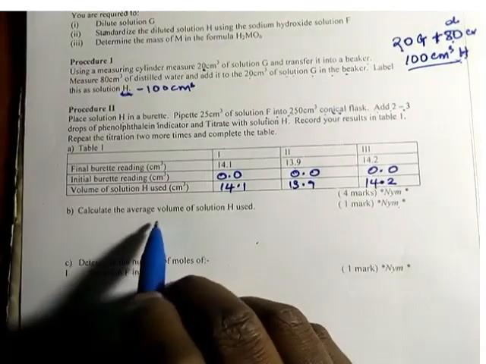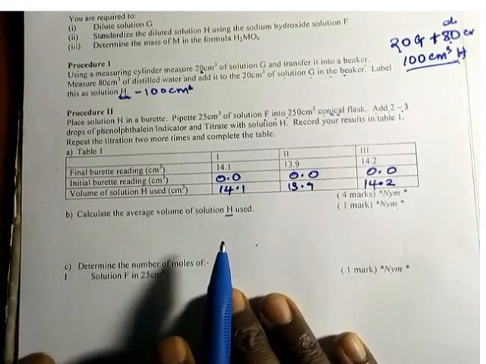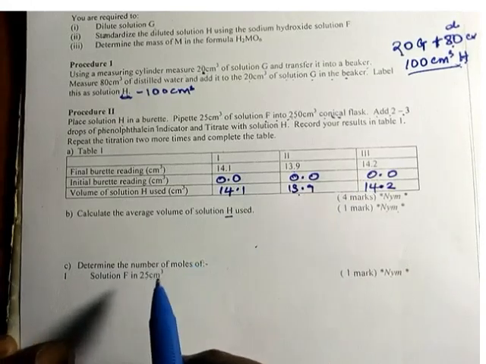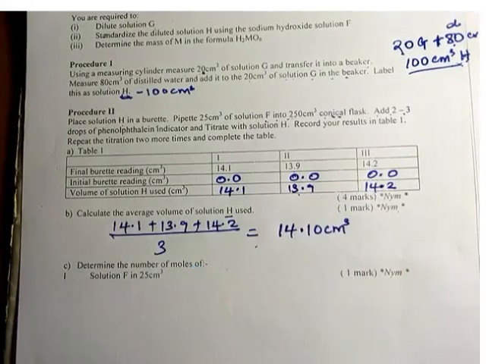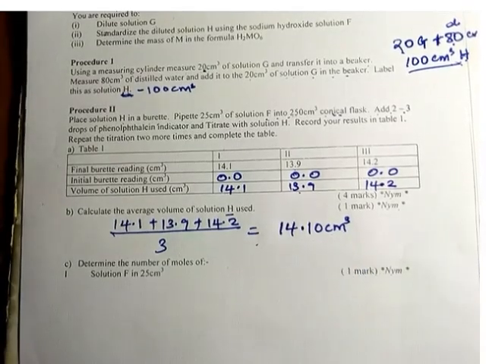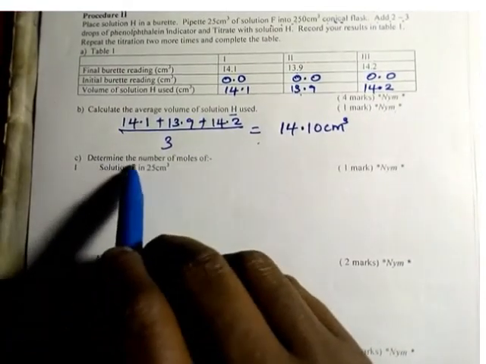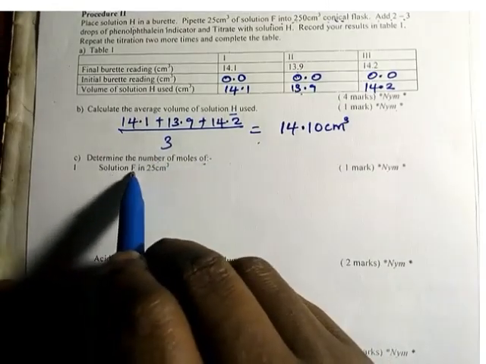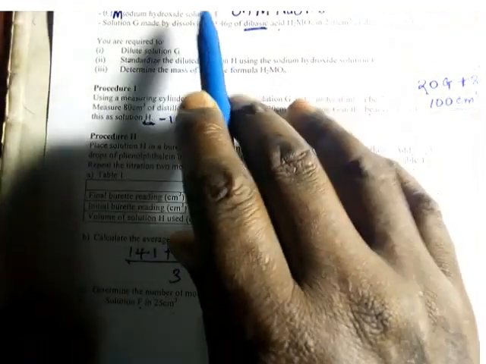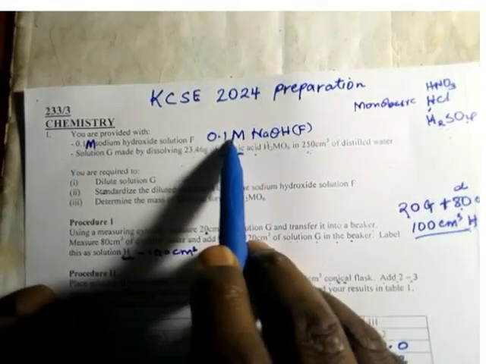Calculate the average volume of solution H. This is the solution of H that was used. So the average is you add these and divide by 3. Our average is 14.10 centimeters cube. Determine the number of moles of solution F in 25. F is sodium hydroxide. We have the molarity.